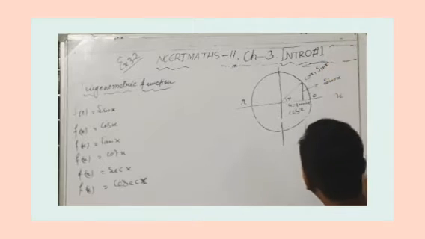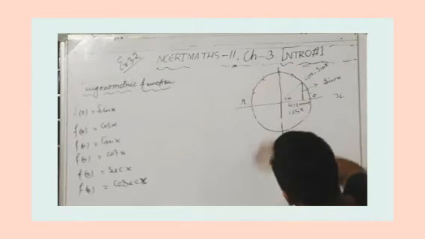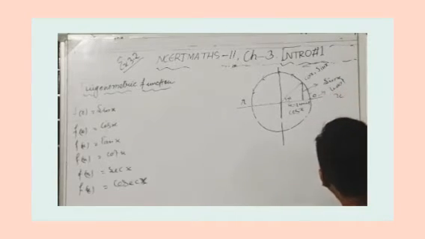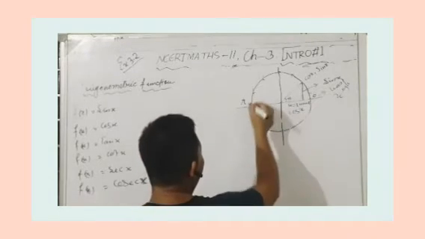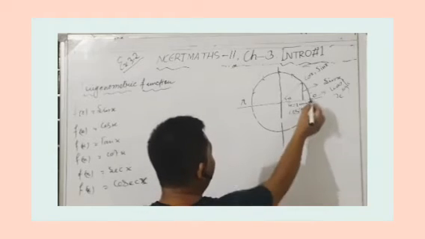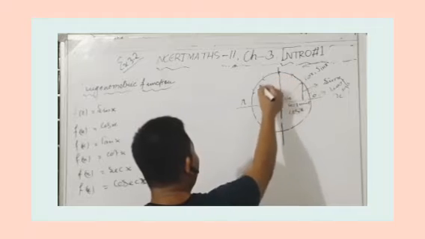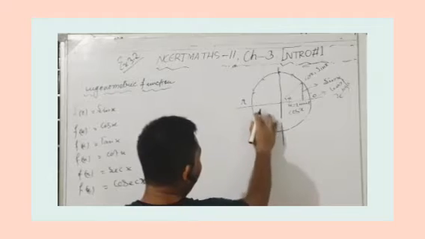It will keep rotating, starting from the least angle, the initial point, from 0 to pi. It will be maximum here, and after reaching the maximum, it will again keep decreasing until it reaches here.